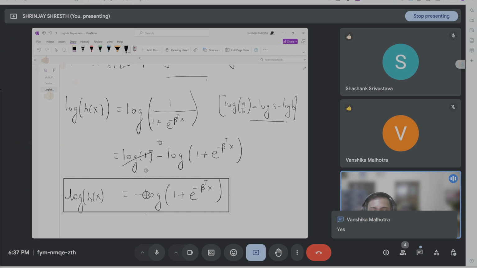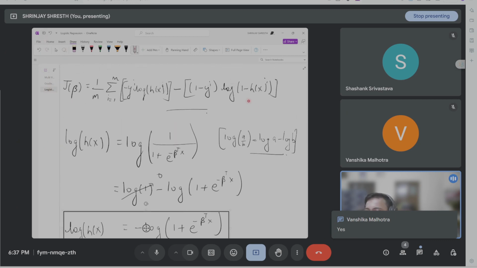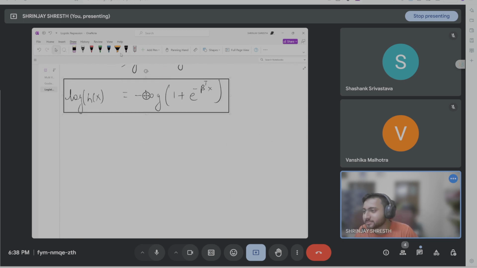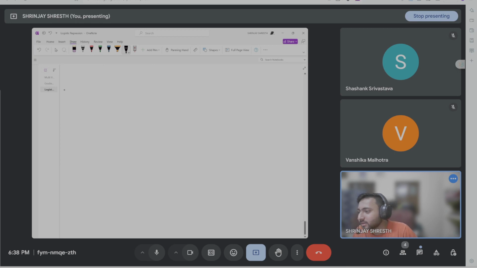Now let's see what this log of 1 minus h(x) is. This is what we want to calculate here. Pretty easy.